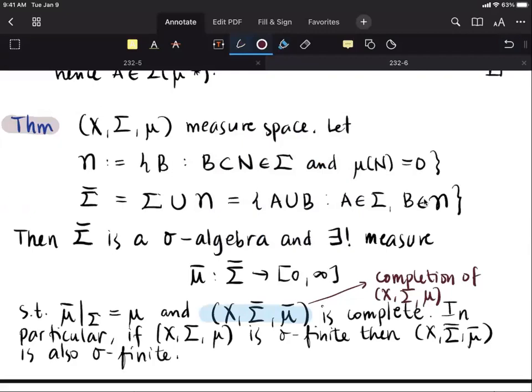So we need to establish four things. Namely, first, that this is indeed a sigma algebra. Second, the existence of the extension. Third, its uniqueness. And fourth, the completeness of the resulting completion.